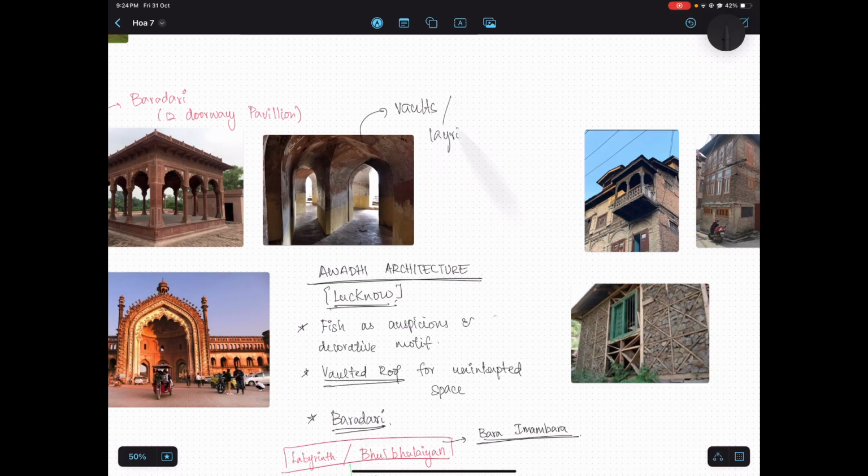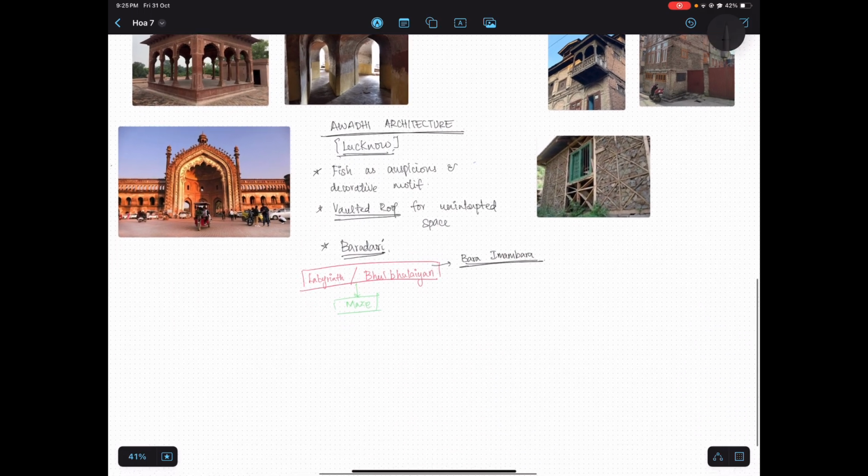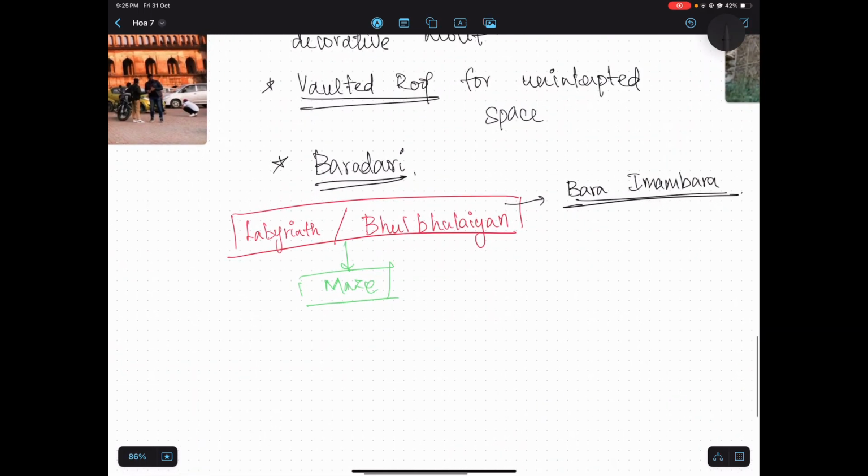A huge maze is going on, and they also had underground chambers called Thaikhanas.